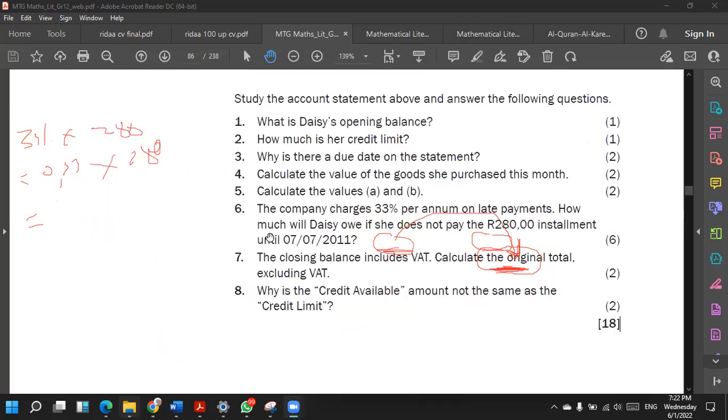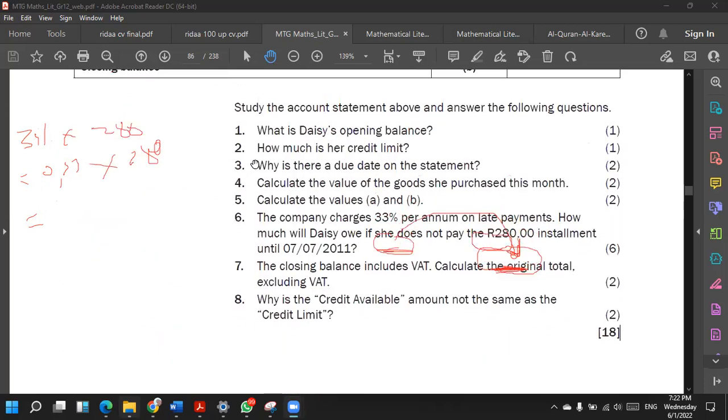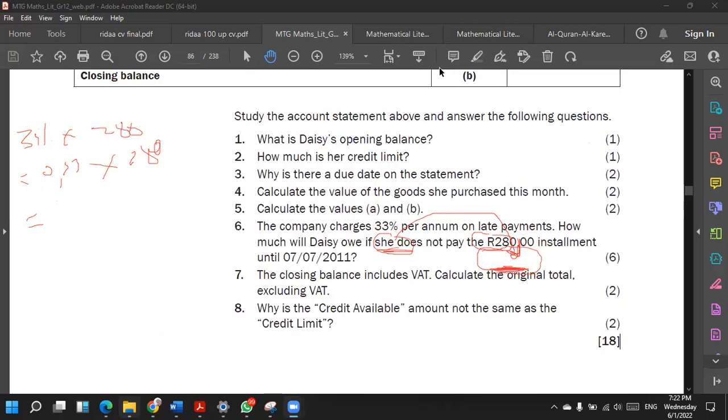Let me double check. 92.4, yes. Well done.